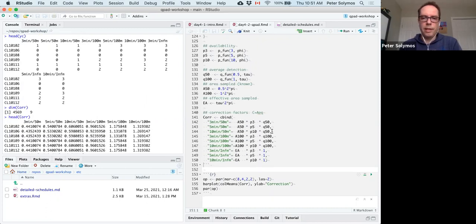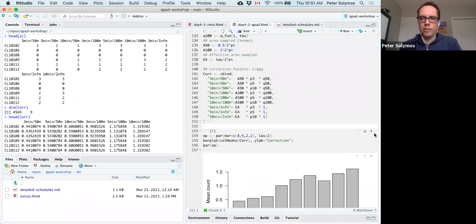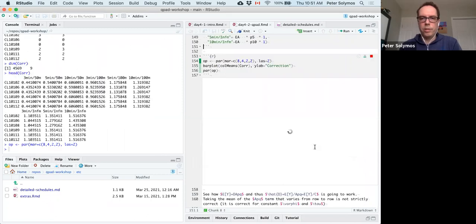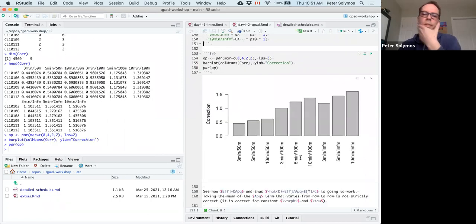Now we can look at how these corrections change with protocol. And this is another little bar graph to see that yes, these correction factors increase with time and increase with area. So as you recall, there was a similar pattern for the counts. If the pattern is similar, that just means if you divide one with the other, you get kind of the same number.